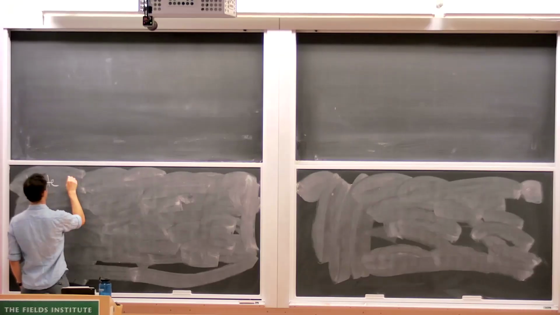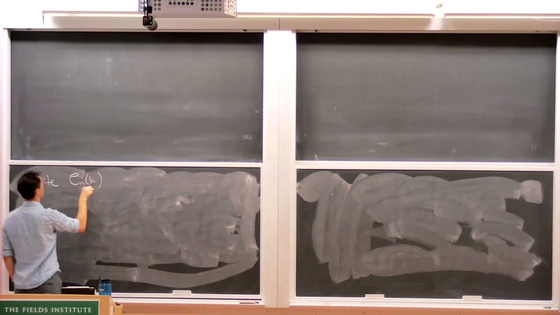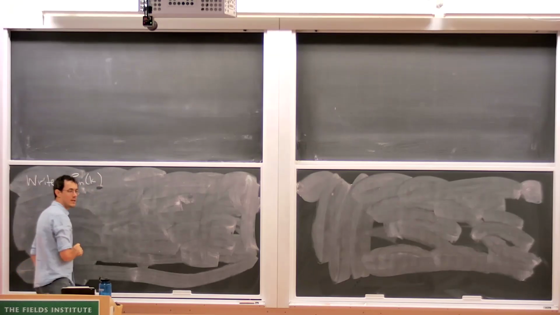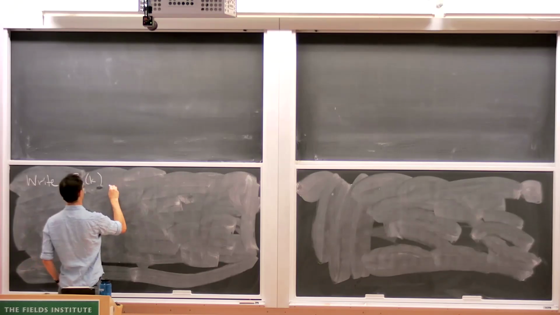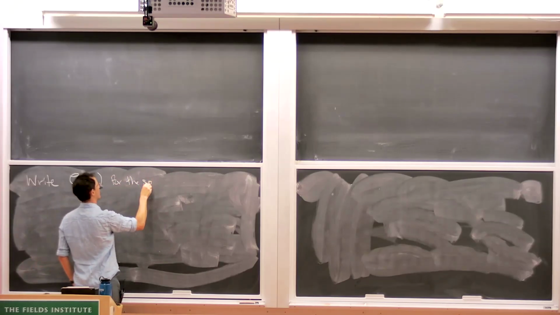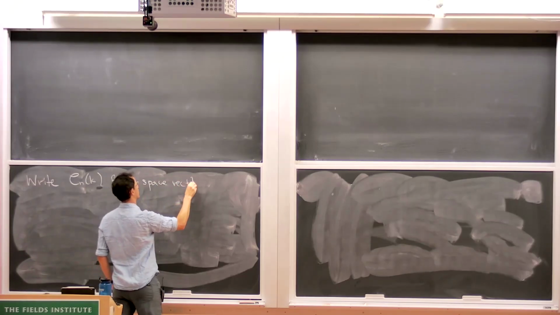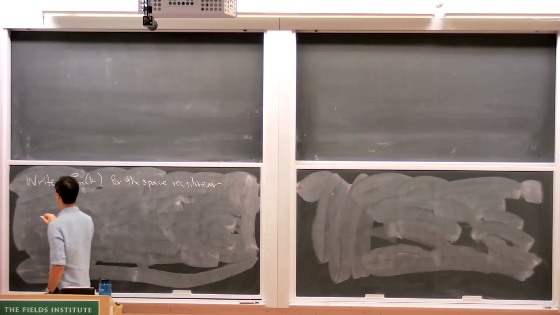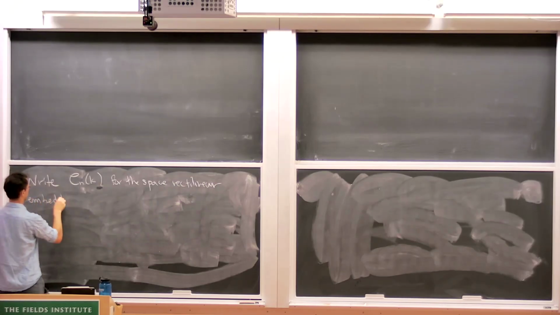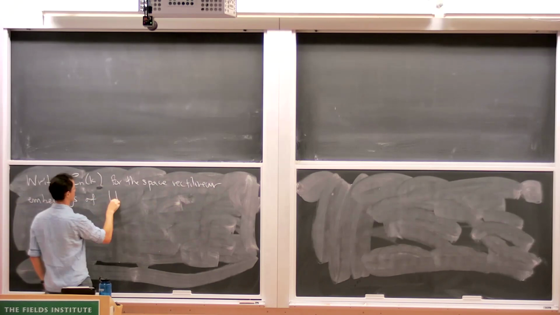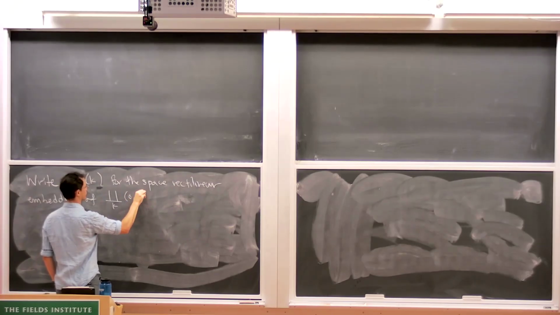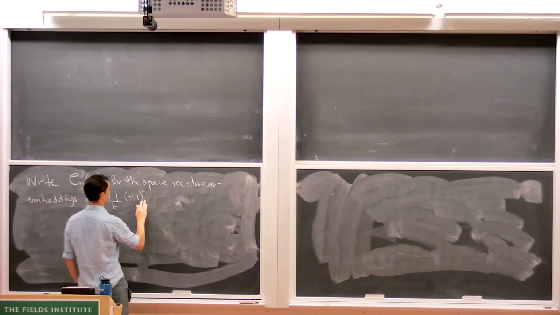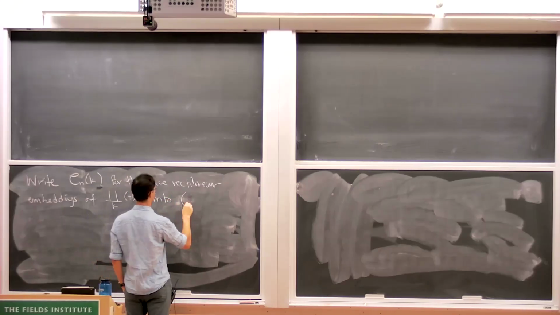So to do that, let me introduce the notation Cn of k. Cn of k is the space of rectilinear embeddings of a disjoint union of k copies of the unit cube into the unit cube.